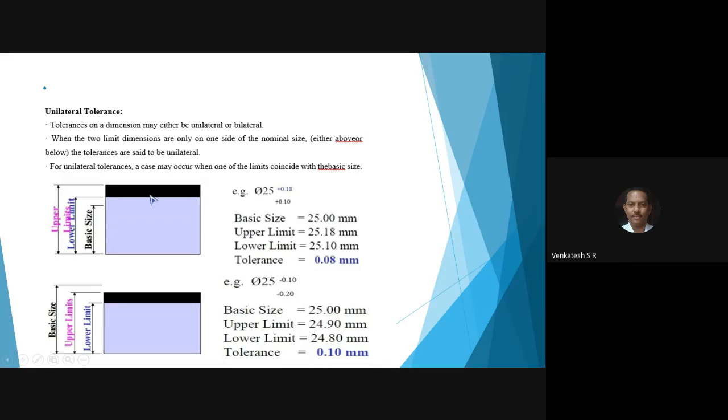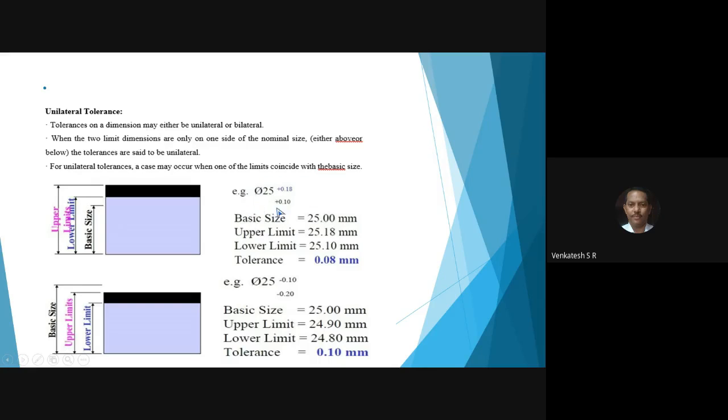Specifying the limit in one direction, whether it is positive or negative, is called unilateral tolerance. Suppose you mention diameter 25 with plus 0.18 and minus 0.10; instead of writing plus here, if you write minus here, then it is called bilateral tolerance.